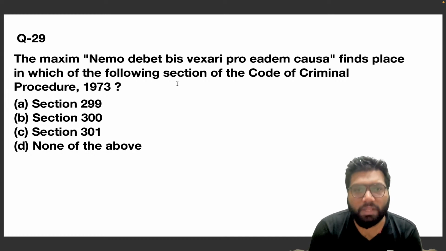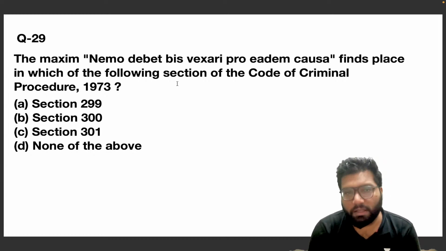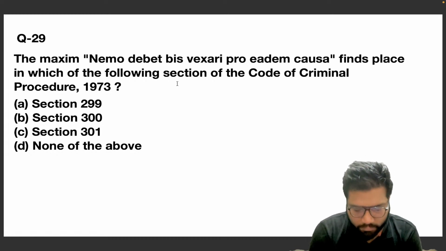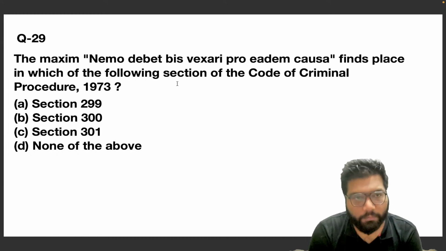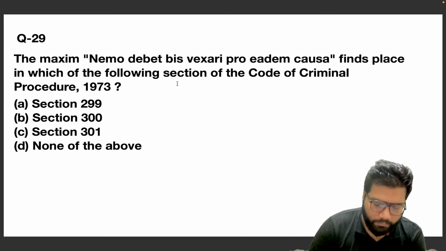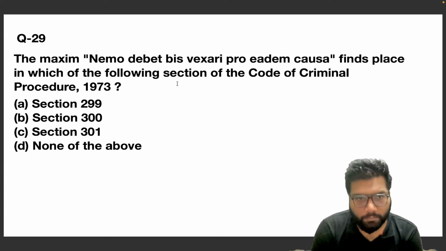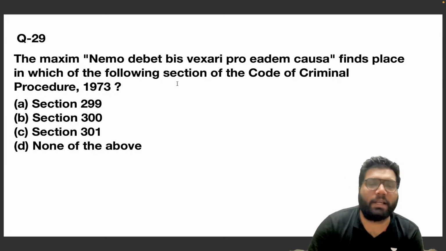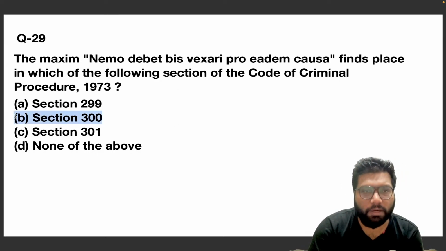The maxim nemo debet bis vexari pro eadem causa finds place in which of the following section of CRPC? Akhilesh, correct answer. That is section number 300.